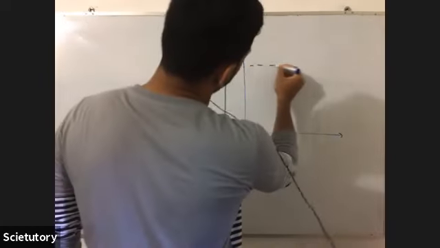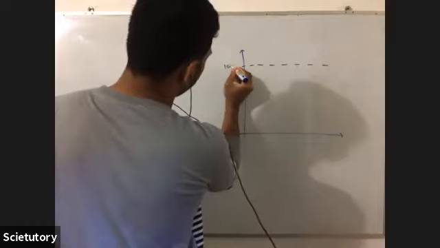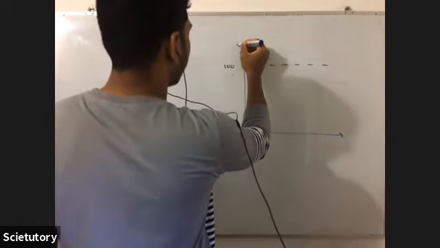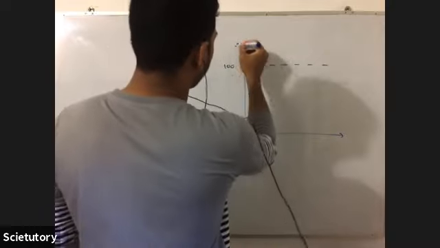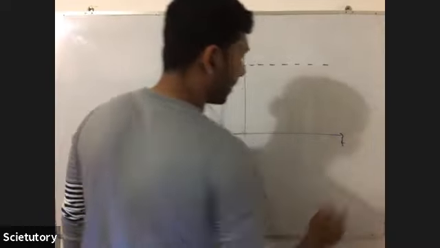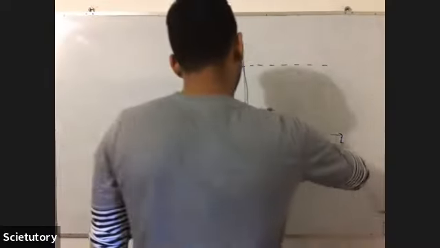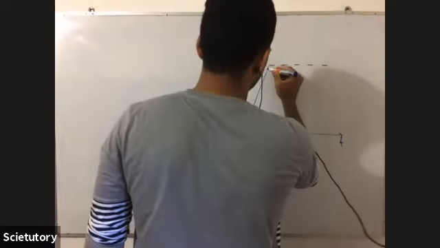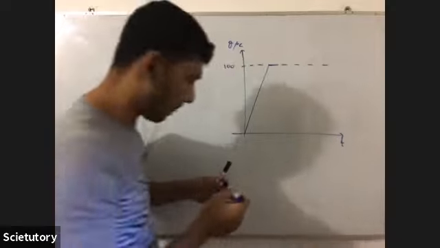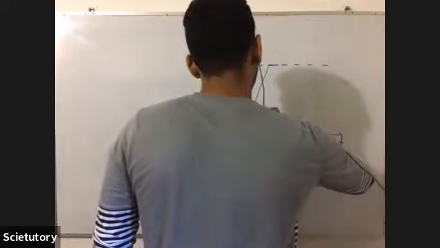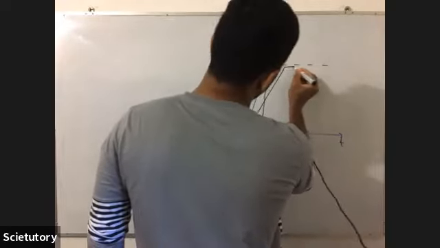So this is 100 degrees Celsius, the temperature of the oil. This is time. So you should first try to interpret those graphs. There are some conclusions that you can make.